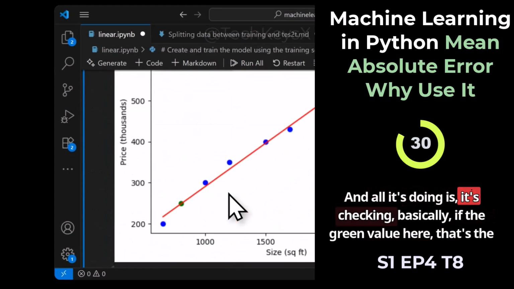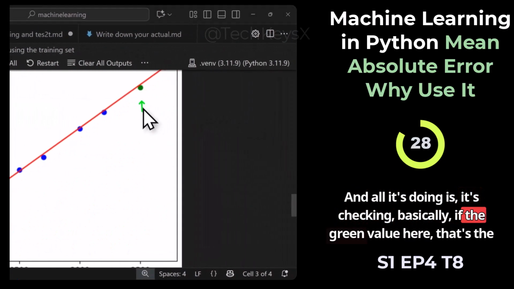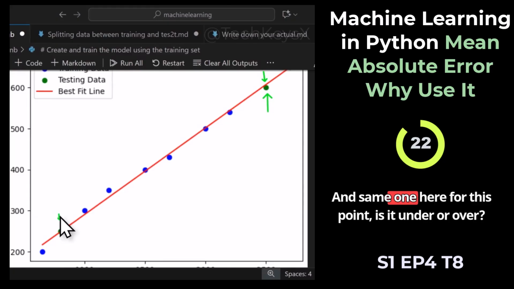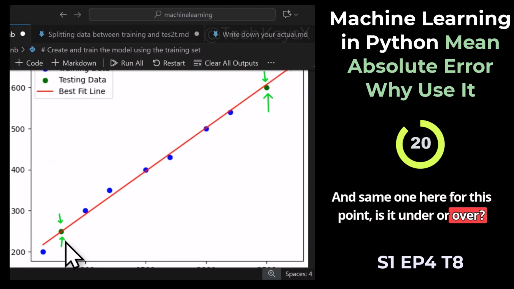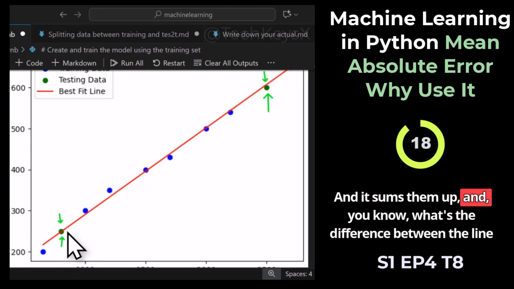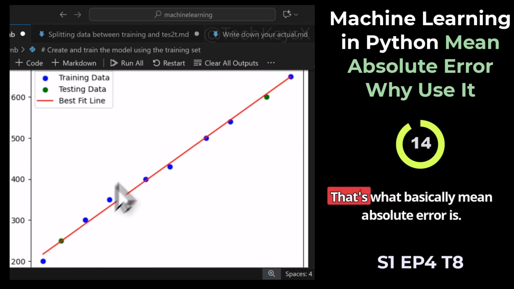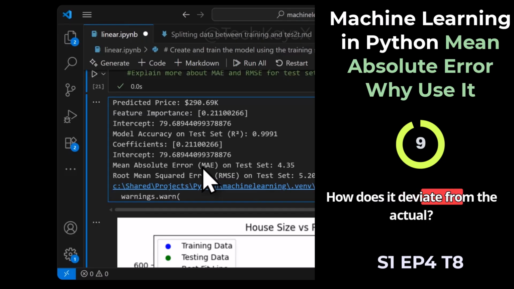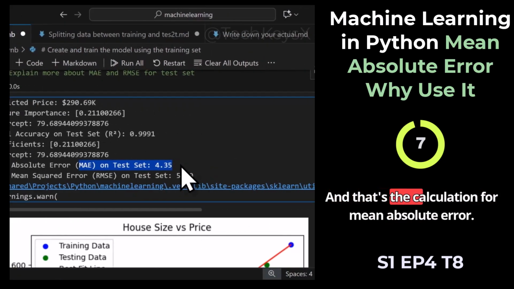All it's doing is checking if the green value here, that's the actual, is under or over, and by how much. Same for this point: is it under or over? It sums them up. What's the difference between the line and these points? That's what mean absolute error is. How does it deviate from the actual? That's the calculation for mean absolute error.